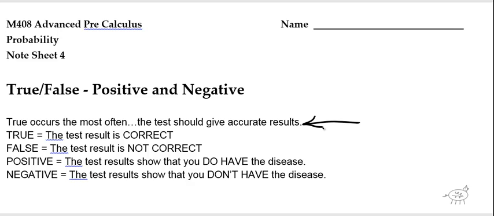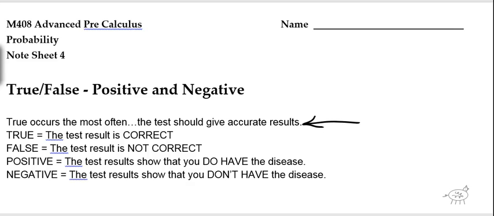You wouldn't go to that same doctor. So false doesn't happen very often. It's got to be somewhat true, because people want to have correct results. You don't want the doctor to say, I think it's a 50-50 chance that you have pneumonia, so let me give you some medicine. You have no idea. So most of the time it's going to be true, whether it's true positive or true negative. The main thing that we're going to talk about really is false positive and false negative.